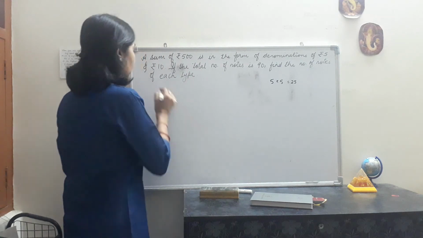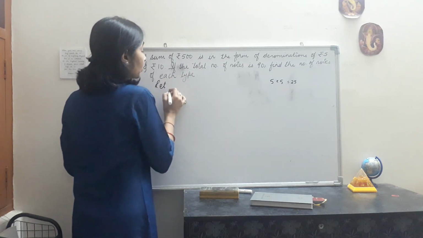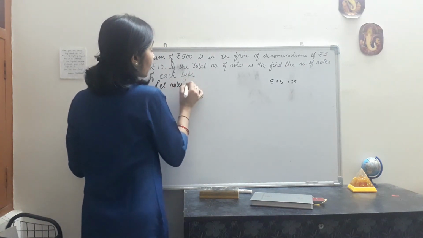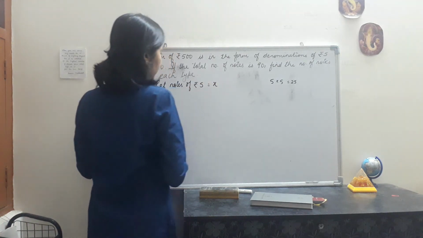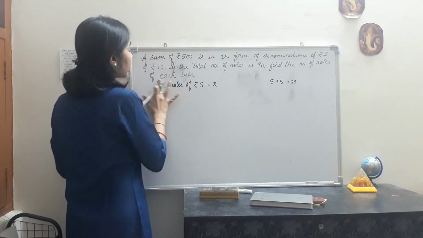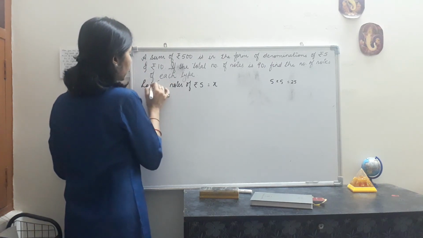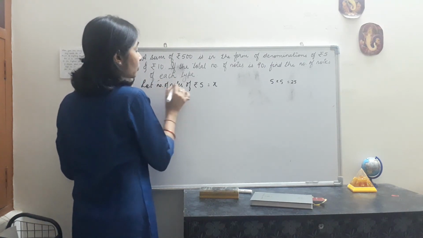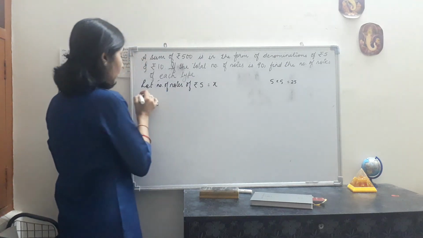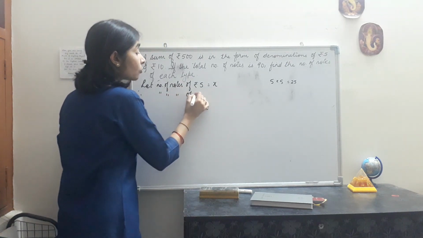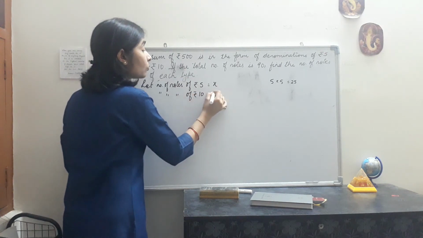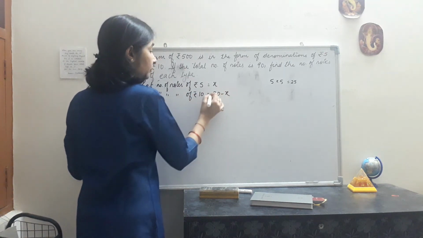So let us suppose that first. Let the number of notes of rupees 5 be equal to x. Therefore, the number of notes of rupees 10 is equal to 90 minus x.